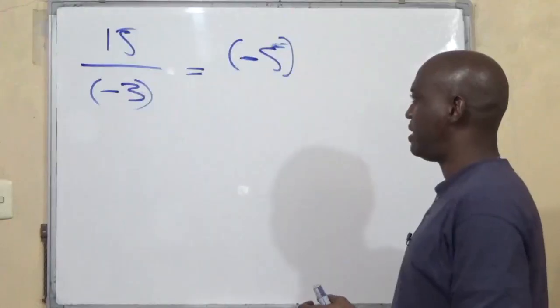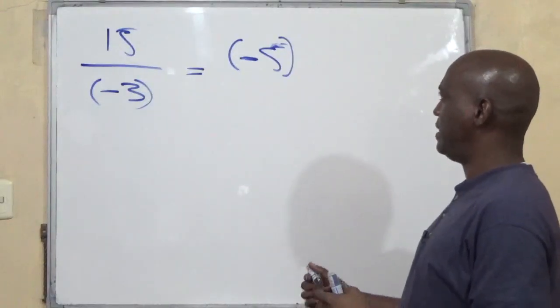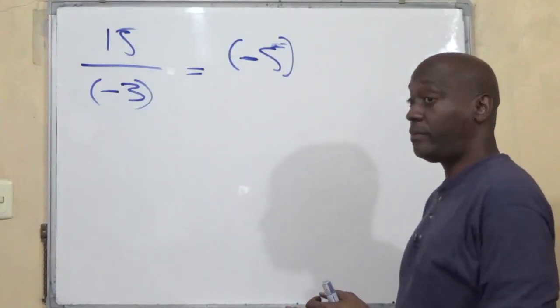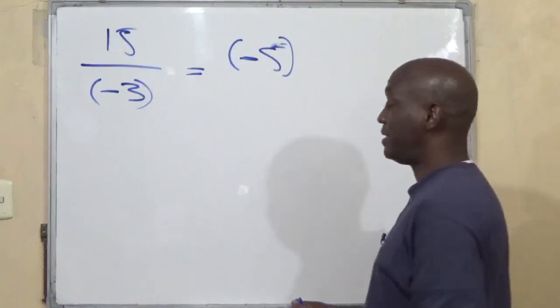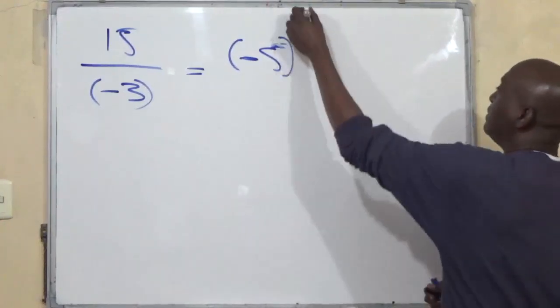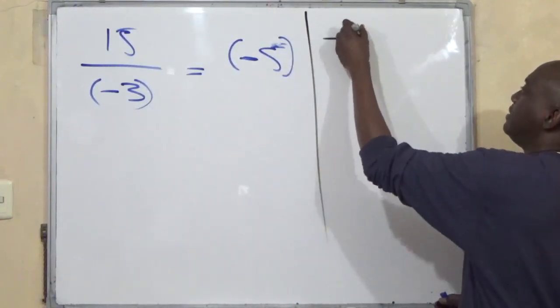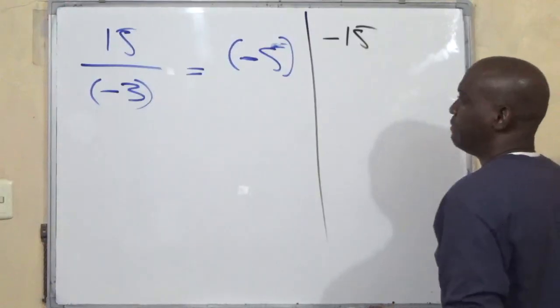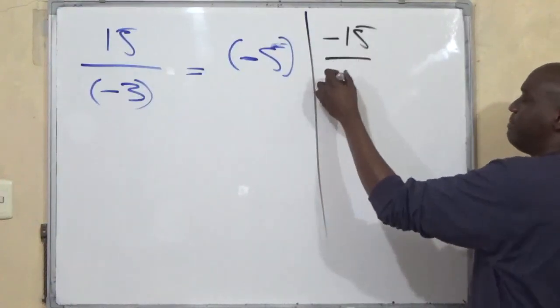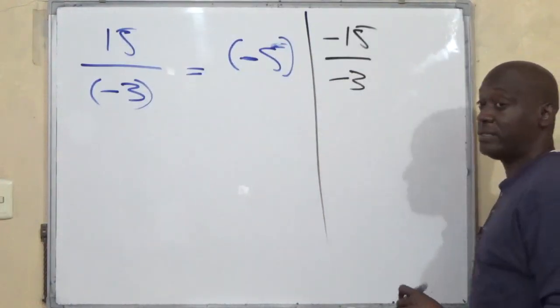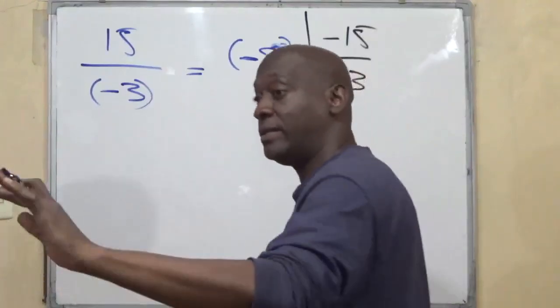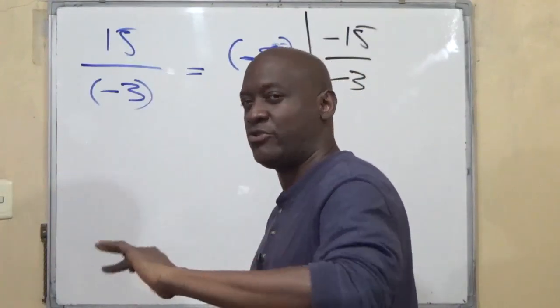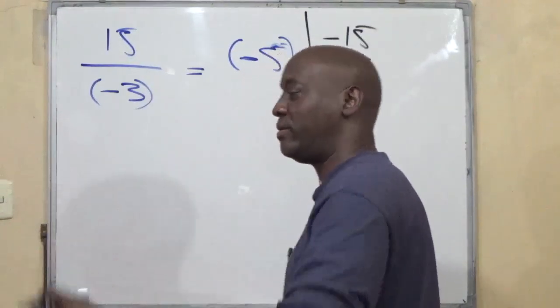This is in contrast to the situation where the money went out and stayed out, which meant that we had -15 divided by the same $3 per wad. Sorry, the same $3 for each wad going out.